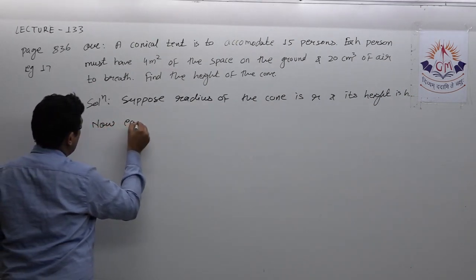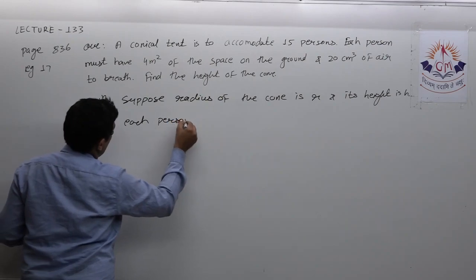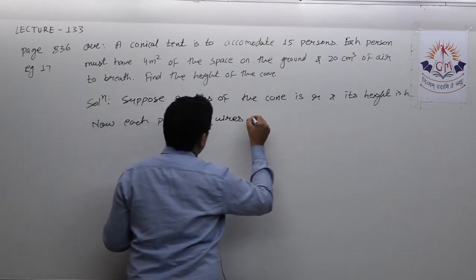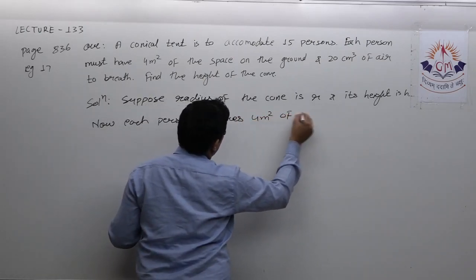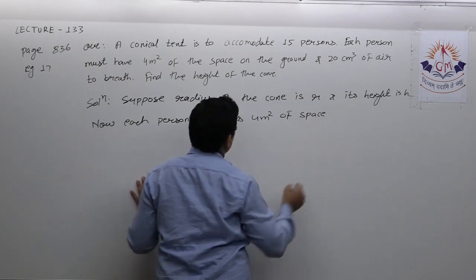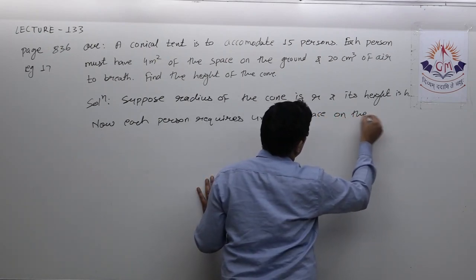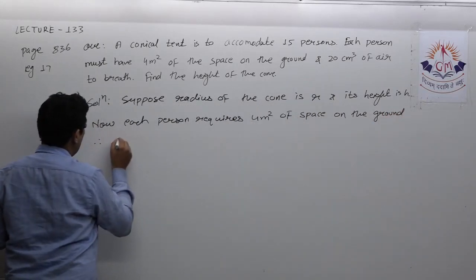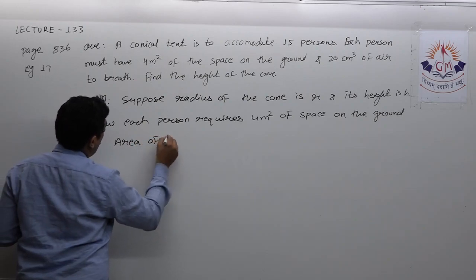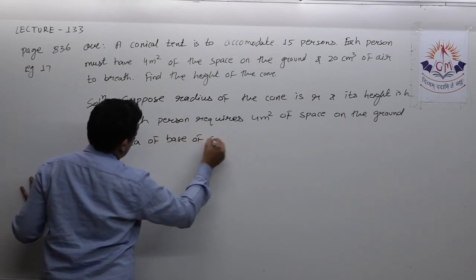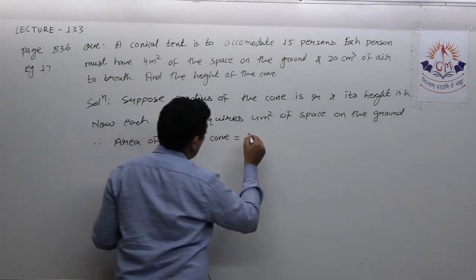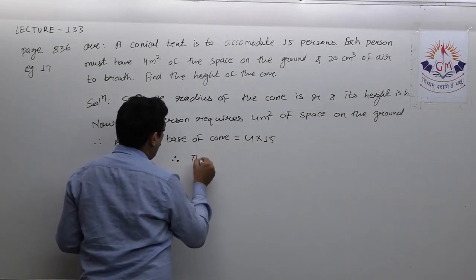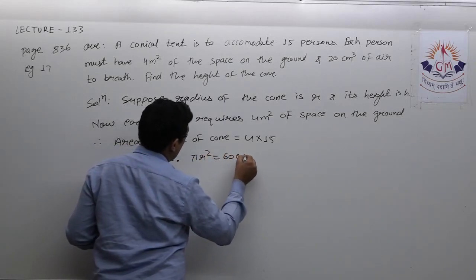Now each person requires 4 meter square of space on the ground. Therefore area of base of cone is equal to 4 multiplied by 15. Therefore pi r square is equal to 60 centimeter square.